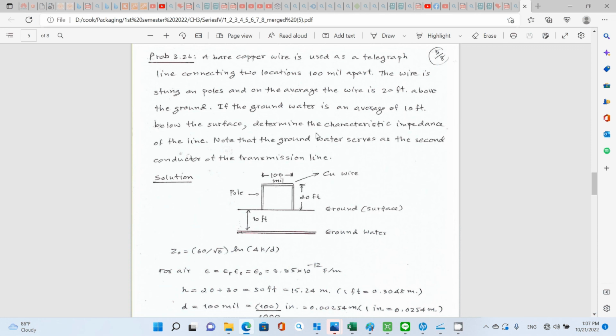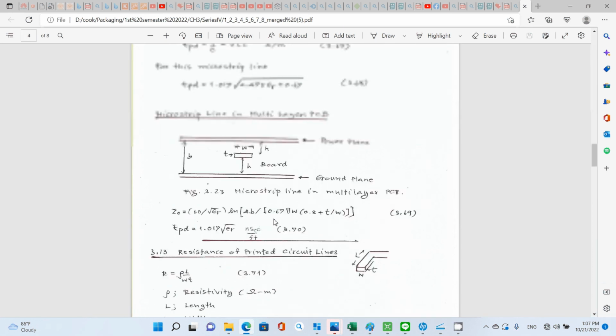If the groundwater is an average of 10 feet below the surface, determine the characteristic impedance of the line. Note that the groundwater serves as the second conductor of the transmission line.